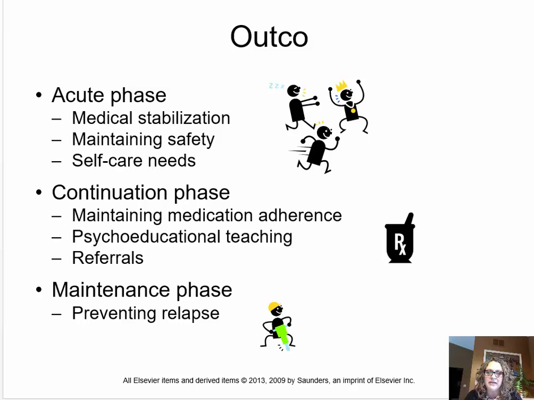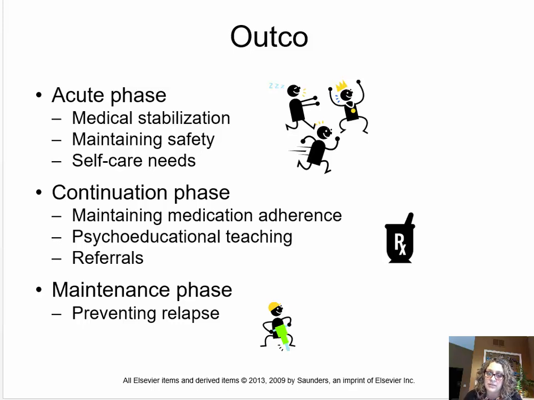In the acute phase, outcomes or goals of treatment are focused at medical stabilization, maintaining the patient's safety, and helping them to meet their self-care needs. For example, they need to stay well hydrated. They may need to maintain stable cardiac status, maintain or obtain tissue integrity, so the absence of infection or absence of untreated cuts or abrasions.